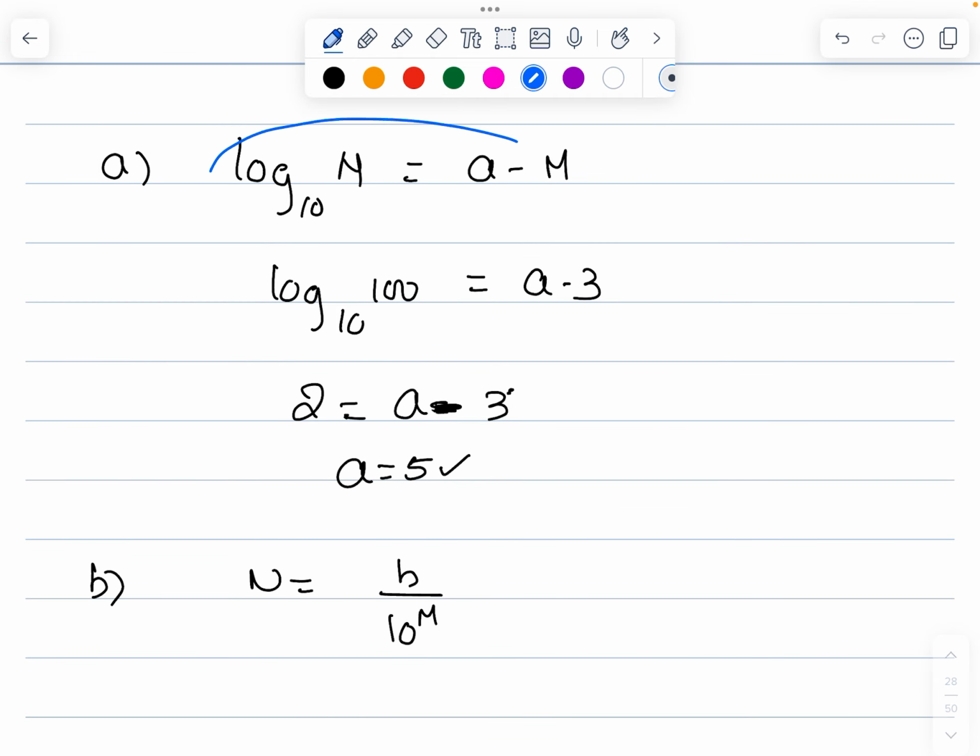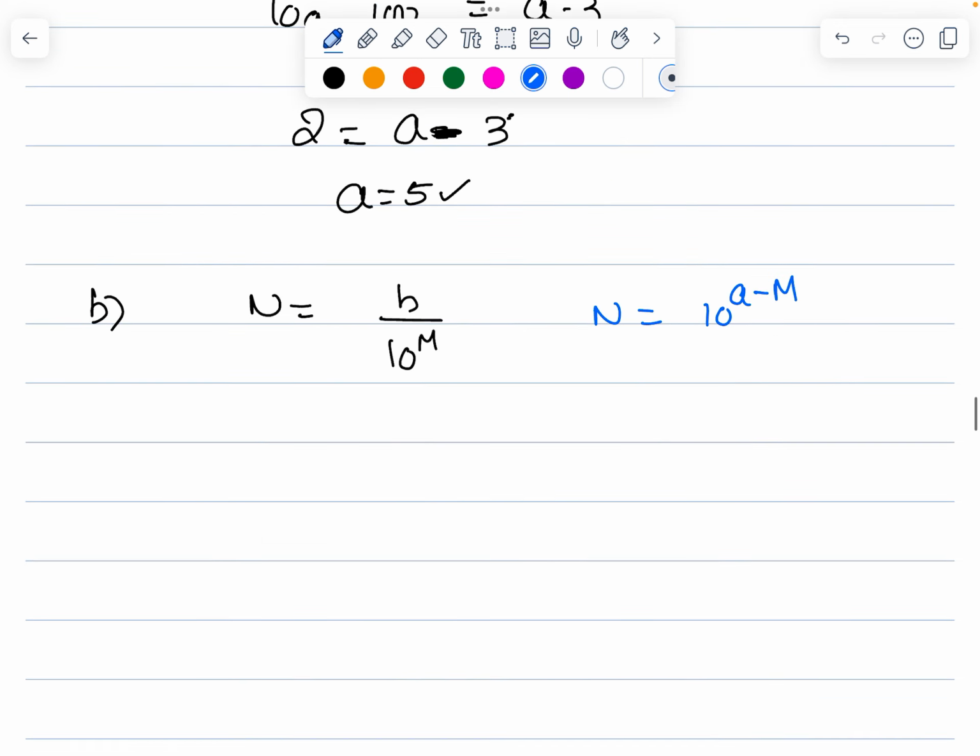But from here, n equals 10 to the power A minus m. So B upon 10 to the power m equals 10 to the power 5 minus m, as the A value was 5.